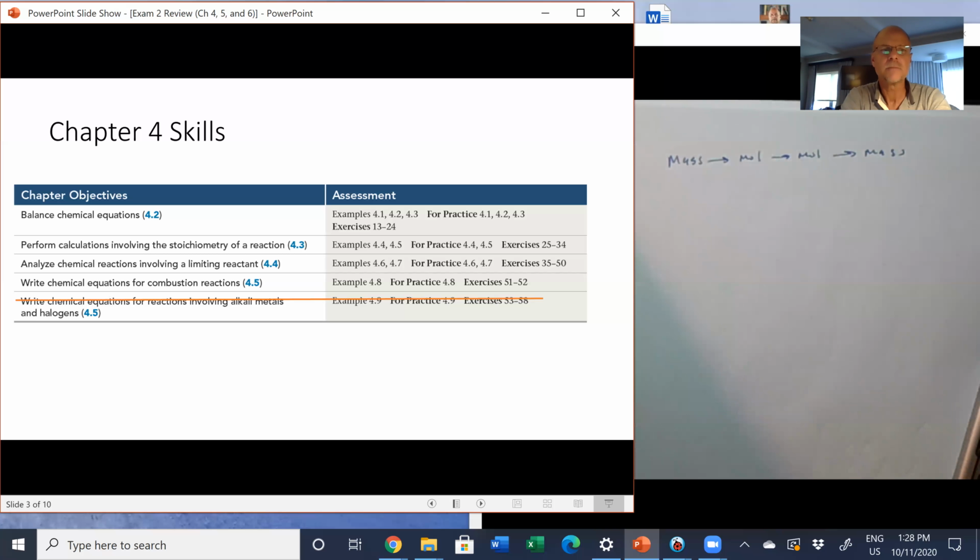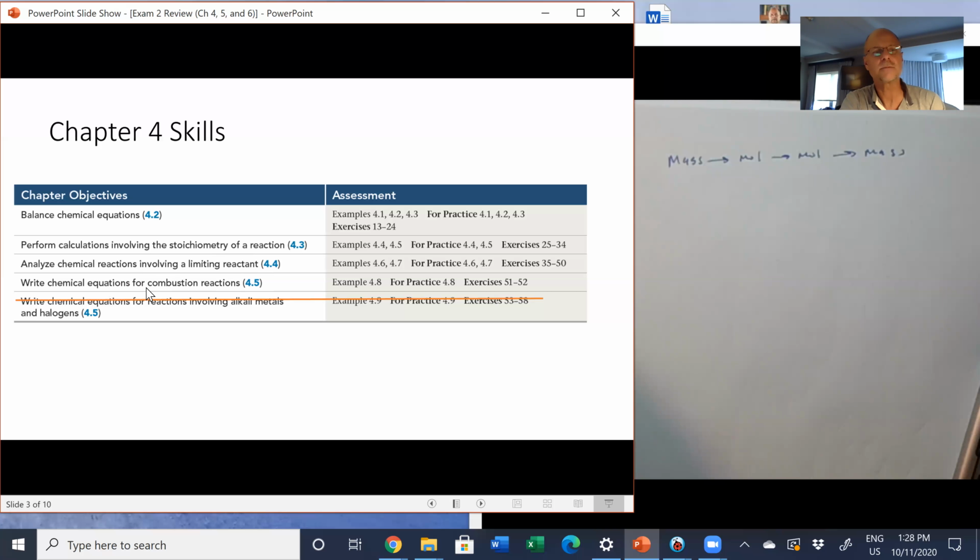The next skill is to be able to look at a chemical reaction with given amounts of reactants and find the limiting reactant, and then determine the theoretical yield, and the percent yield if you're given a yield.